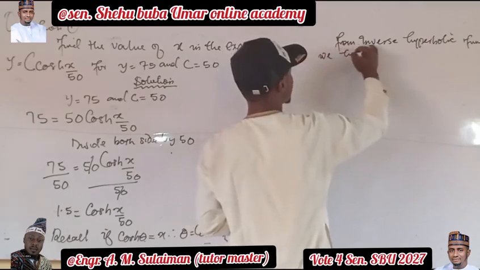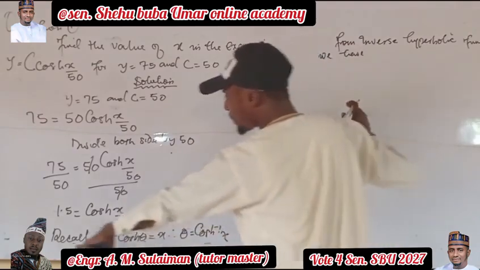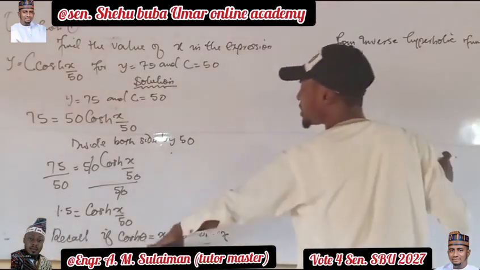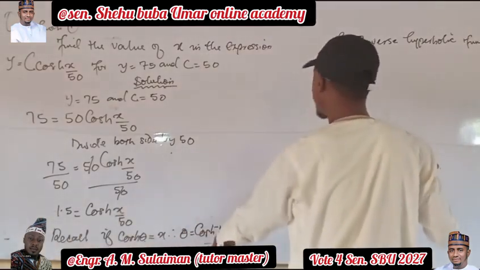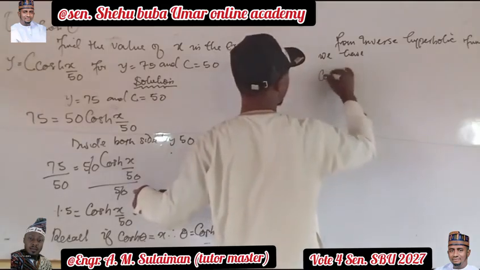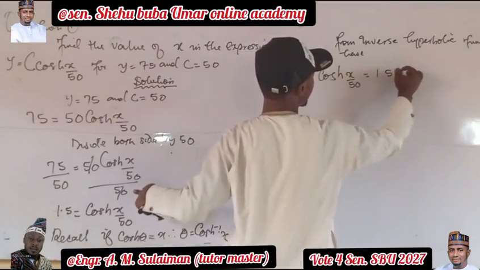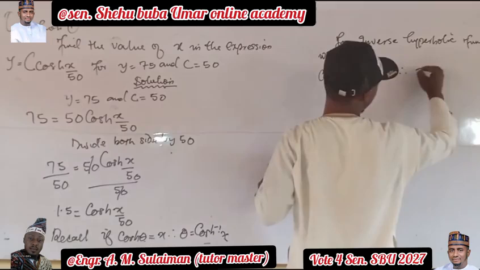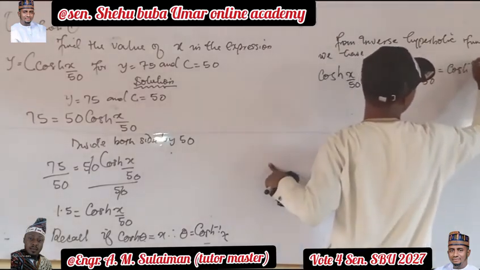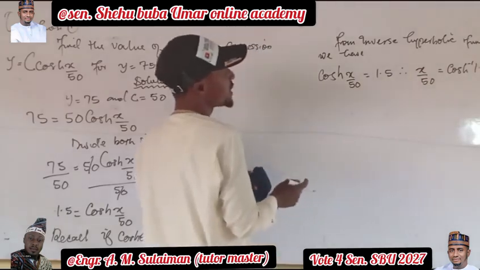If you compare this expression of cos theta equal to x, therefore theta is cos inverse of x, which implies that cos x all over 50 is equal to 1.5. Therefore, x all over 50 will be equal to cos inverse of 1.5.